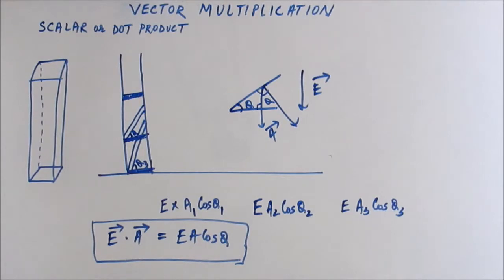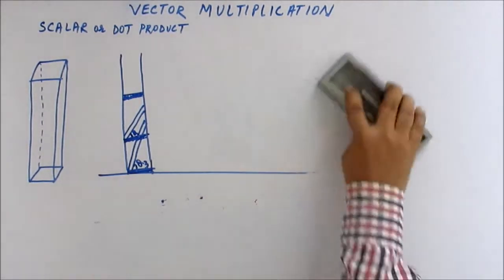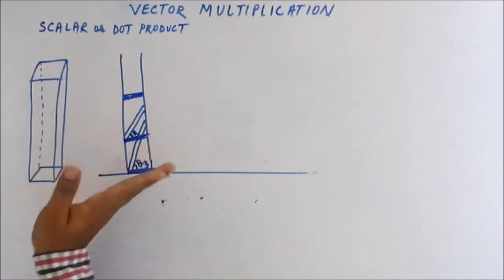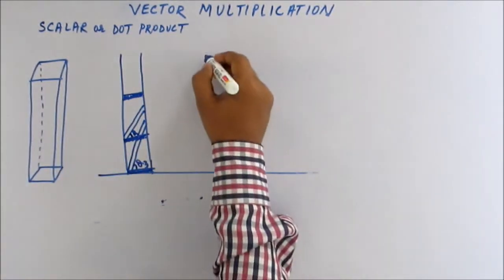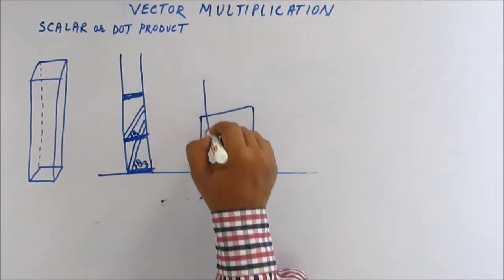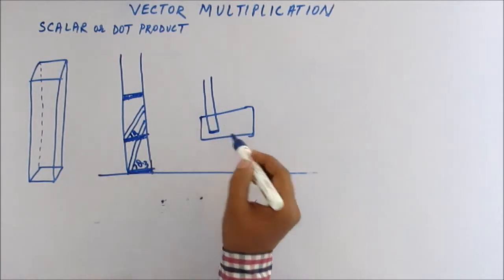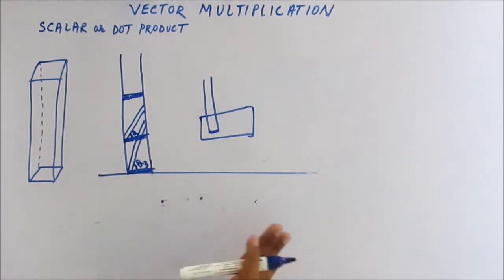Okay, let's talk a little bit more on this. In this, we were changing the orientation of the area, but suppose there's a surface and you're shining a light, again the same beam of light, and this is the length corresponding to the area which is being illuminated by the light.